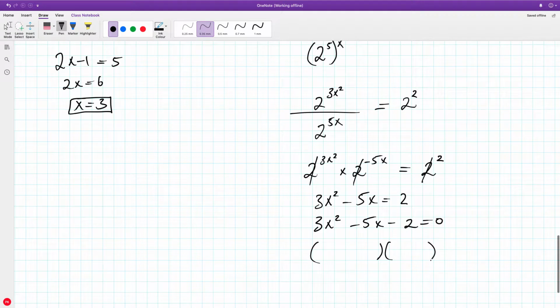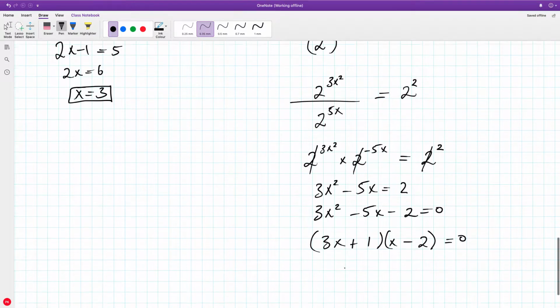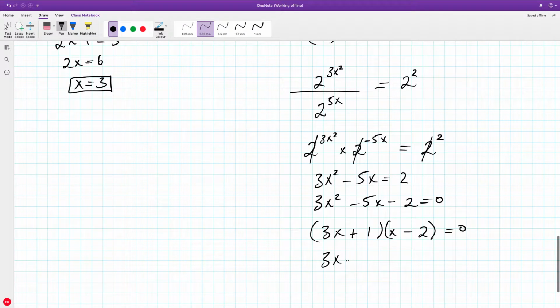Factorize it. 3x and x, 2 and a 1, minus and a plus. 3x is equal to minus 1, x is equal to minus a third, and x is equal to 2. Did I do that right? 3x by minus 2 is minus 6x plus 1x, yeah. Minus 2. That's grand. We get that, fella?